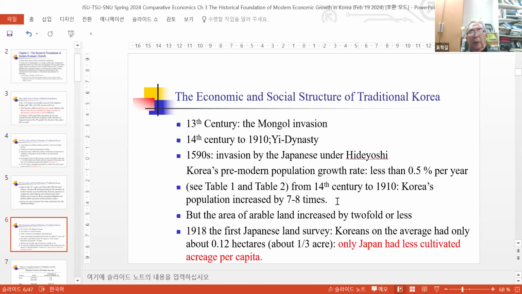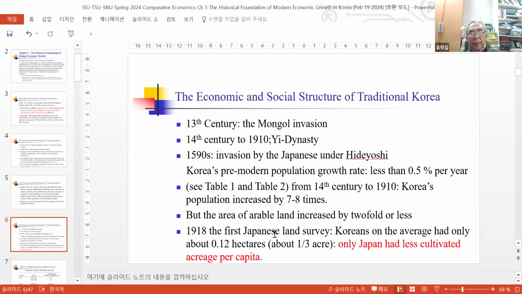Therefore, an agricultural food problem will surface because population grew 8 times while arable land grew 2 times. That means the rest of the population will suffer from hunger.